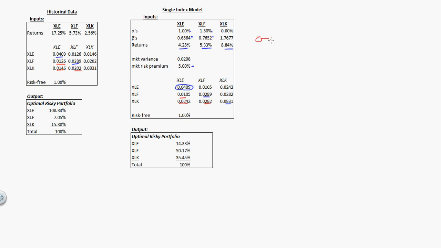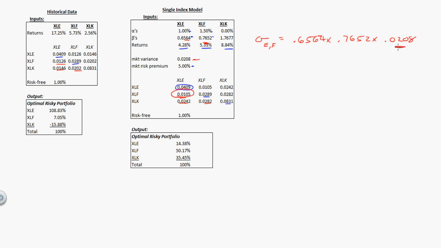Well, the covariance of energy with financial is equal to the beta for energy, the 0.6564, times the beta for financial, 0.7652, times the variance of the market, the 0.0208, and that gives me that answer.